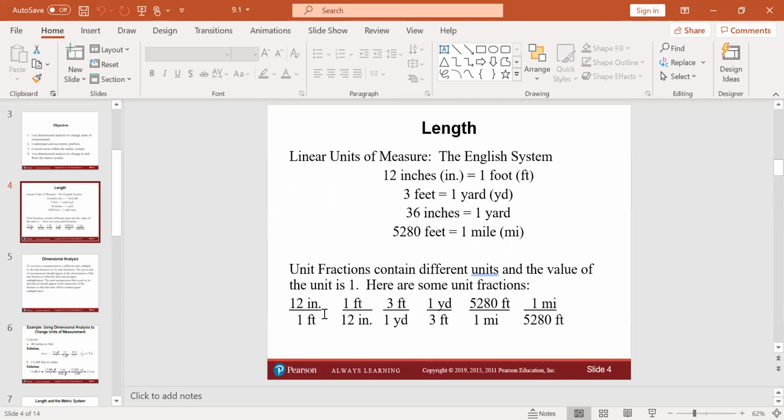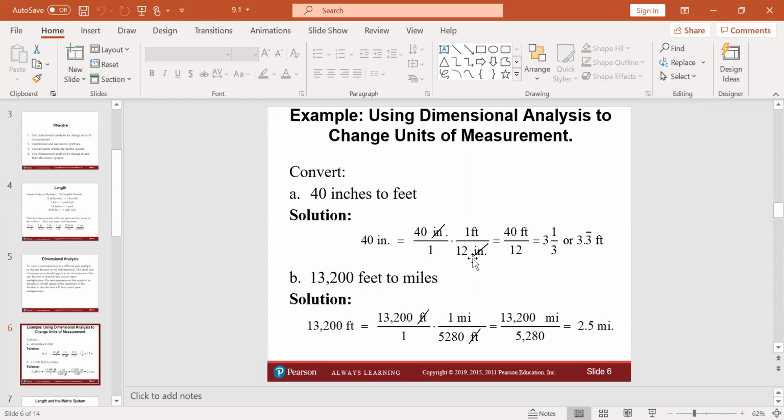So, we can use either of these unit fractions, but I know that I want to get rid of inches. So I need inches to be on the bottom, because then they'll cross out with the inches on top. If one's on top, the other has to be on the bottom for it to cross out. That leaves feet on top, which means feet will be the only thing left, which is exactly what I want.